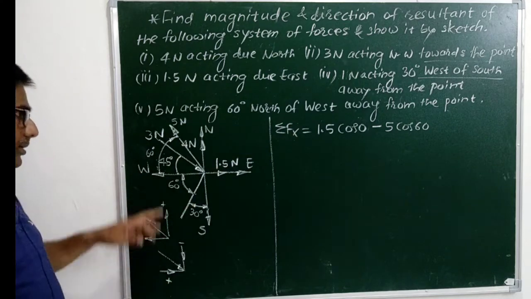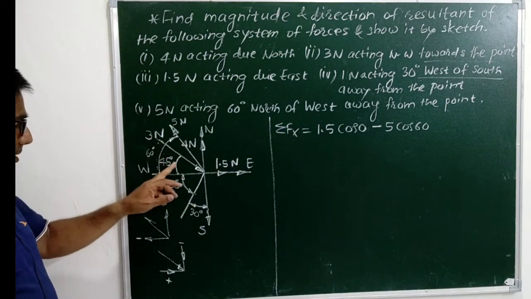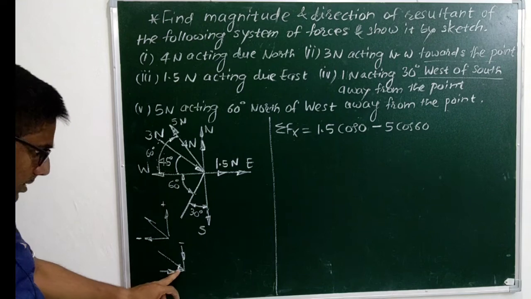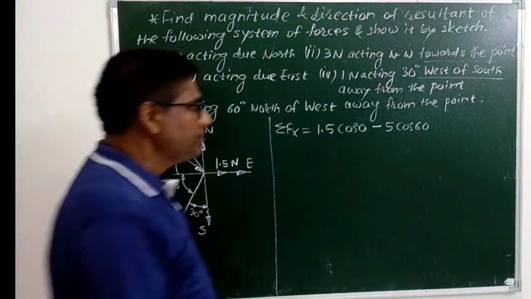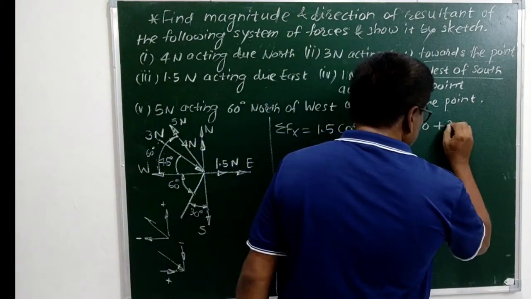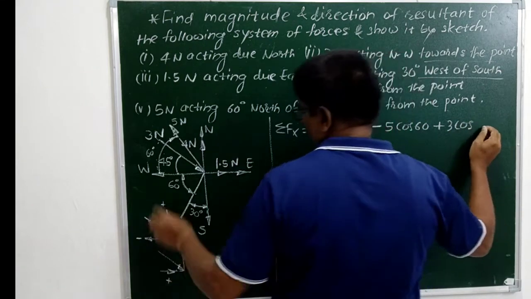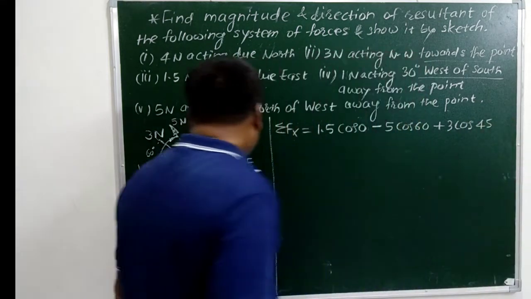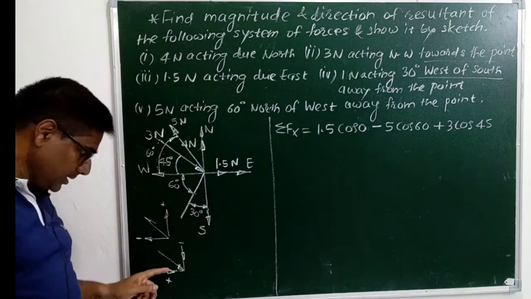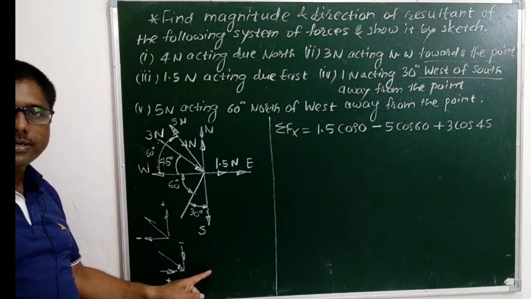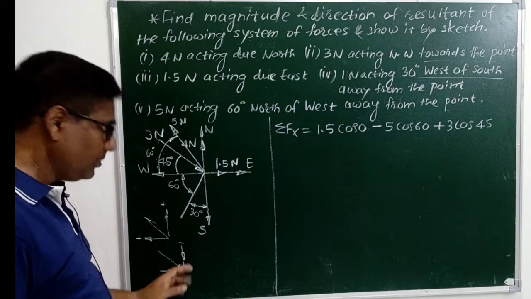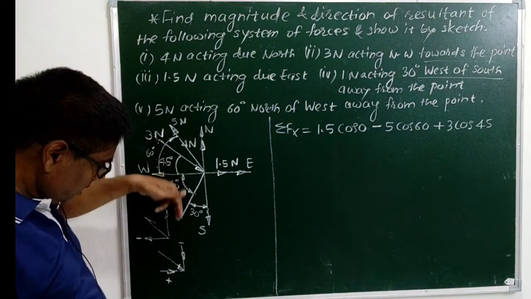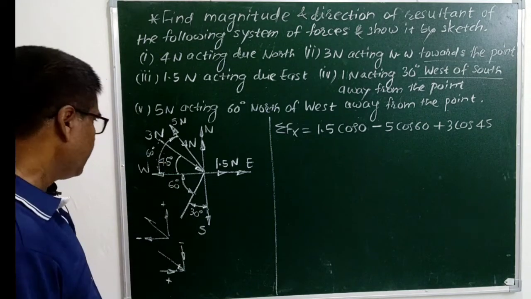Therefore 3 cos of 45, towards right it is positive, 3 cos 45, as it is push type of force and is in second quadrant, therefore its horizontal component is positive and vertical component is negative as the vertical component is acting downwards.